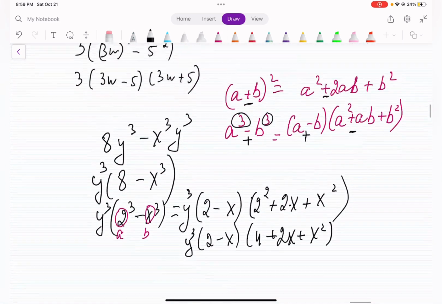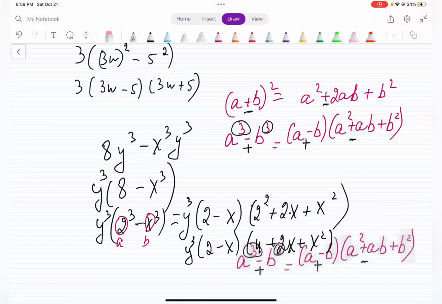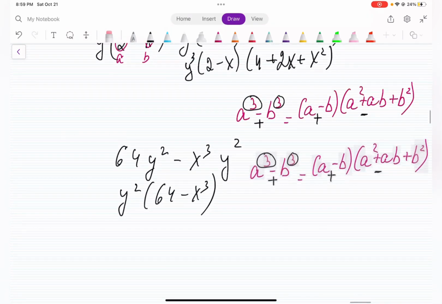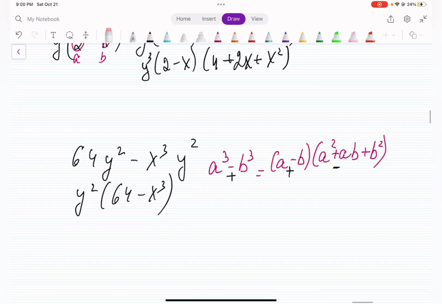Okay. I'm gonna bring down this formula. Okay, we are good.